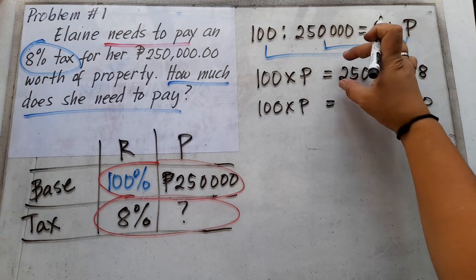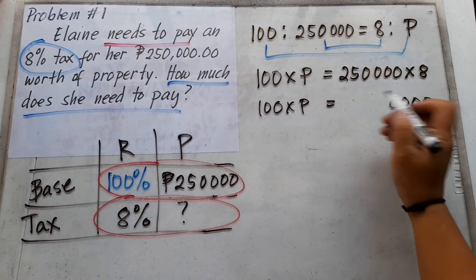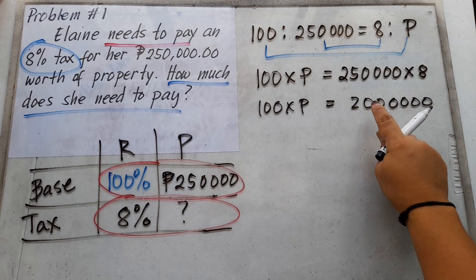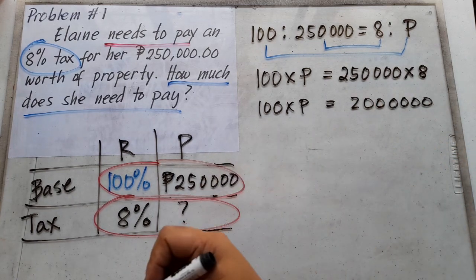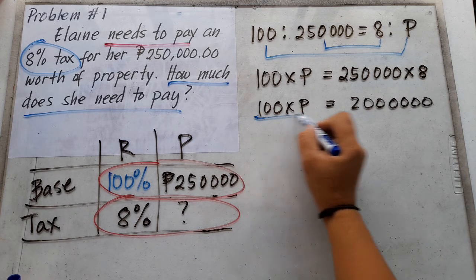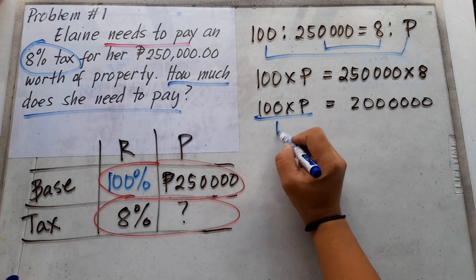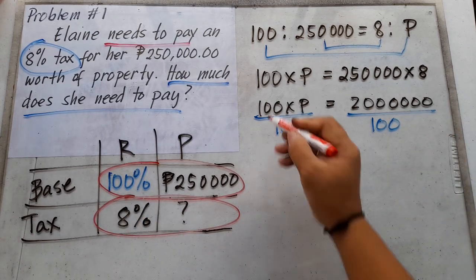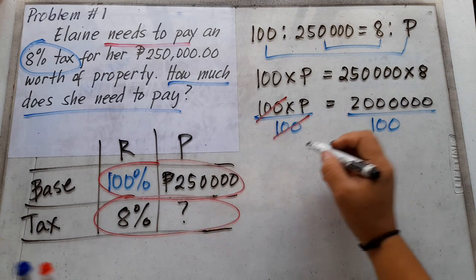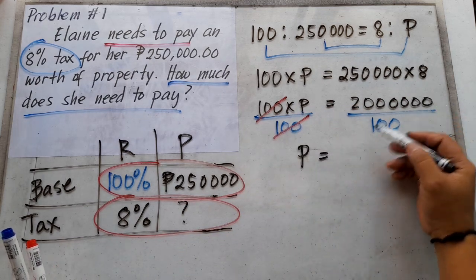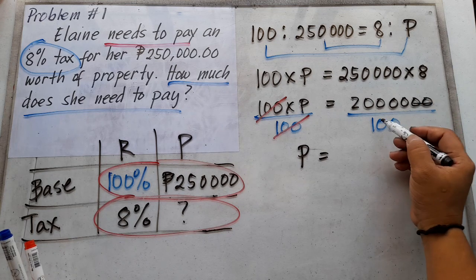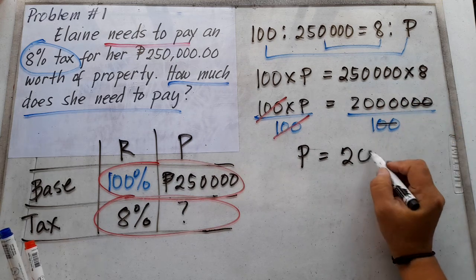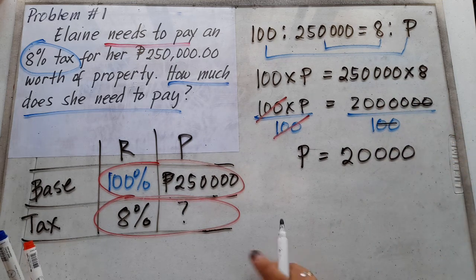Tapos, 8, 25. Ilan yon? That's 200. So, we have 200. Okay, so we have 1, 2, 3, 4, 5, 6. We have 2 million. Divided by the factor with P. Yung 100. Both sides, divide that by 100. We can cancel out 100 here, leaving us with P. So, P is, bawasan lang natin yan ng dalawa dyan. We'll have 2 followed by 1, 2, 3, 4. Okay, we go back.